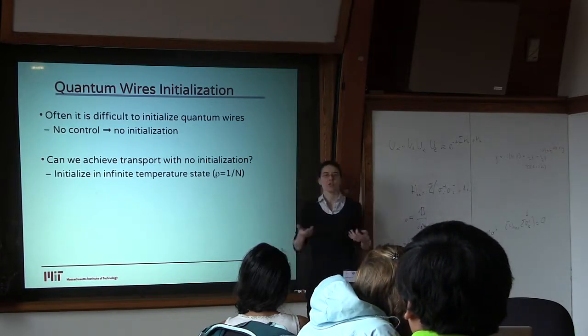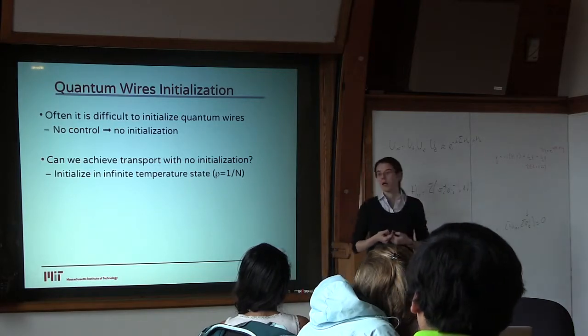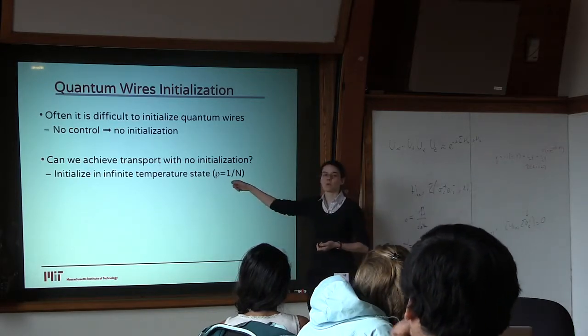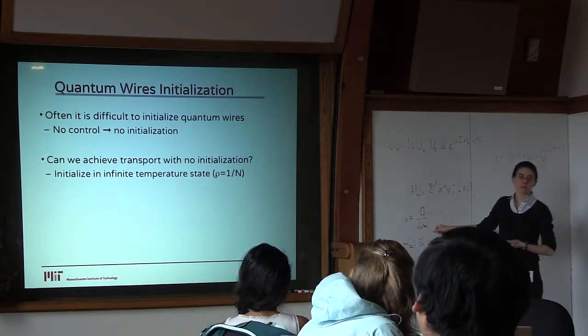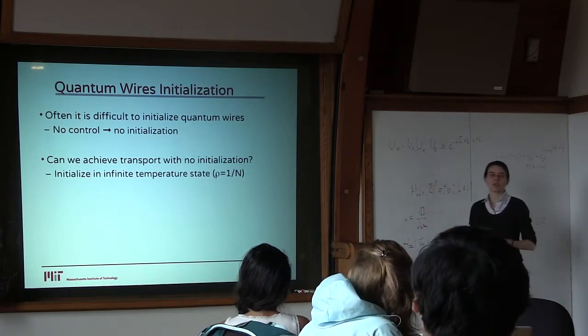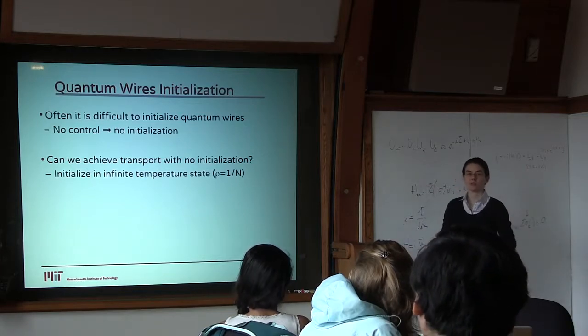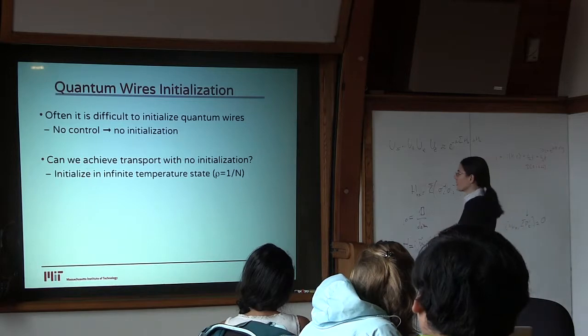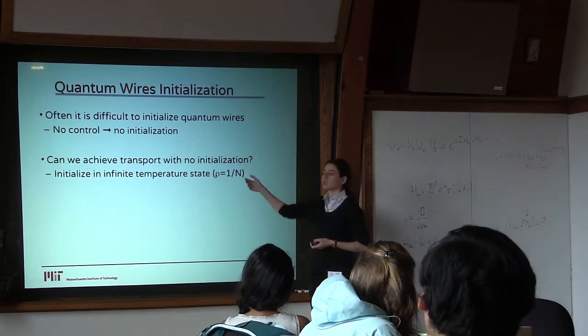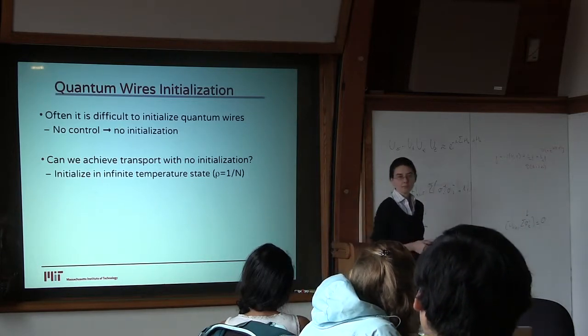So you don't really need to achieve a perfect infinite temperature to be describing your system already as just this maximally mixed state. So this is an initial state which is much more forgiving, and it's quite easy to achieve by experiment. So if we use this initial state, can we achieve perfect transfer?